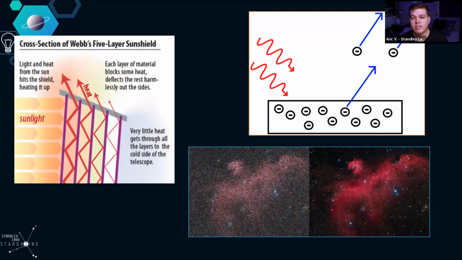Incoming light displaces electrons, which causes a voltage. Well, that is helpful when you're looking for a signal, but this principle doesn't stop just when you're looking at an object. So you might be seeing a distant galaxy emitting some light, and you're looking for that, but it's incredibly faint.